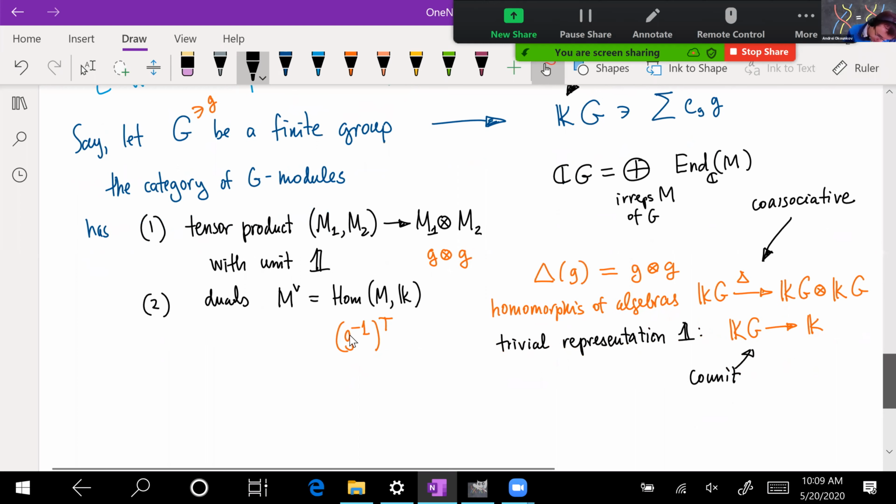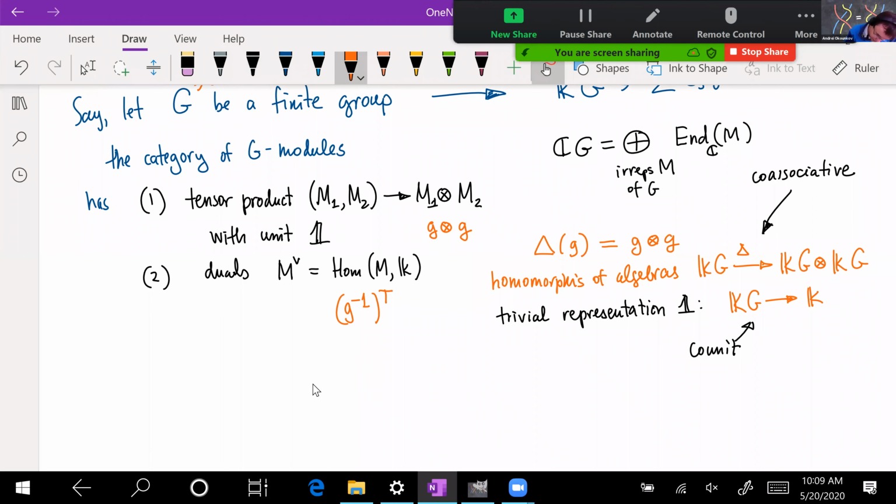And then inverse is an antipode. This object here is called the antipode. It means a map S from your algebra to your algebra, where element G goes to G inverse, so this needs to be an algebra anti-automorphism.